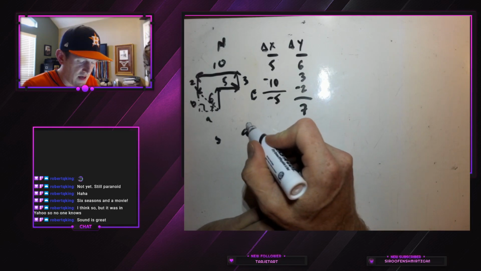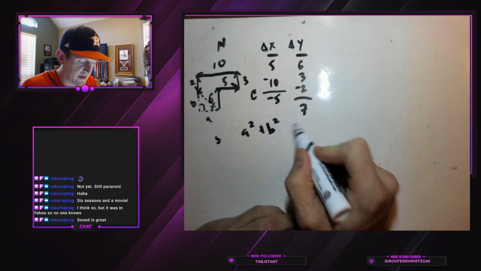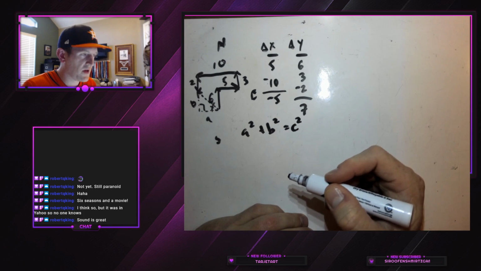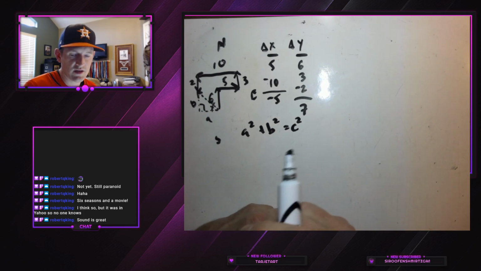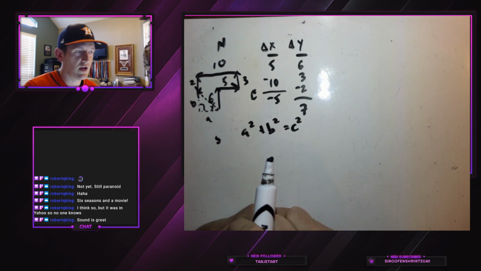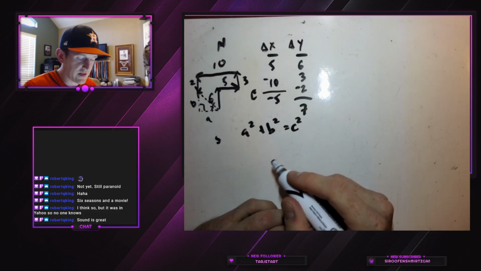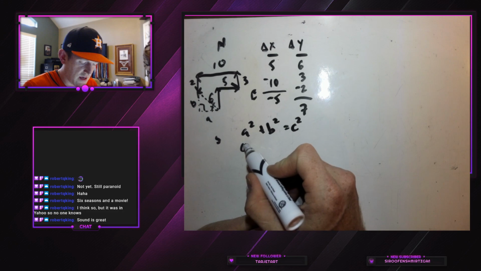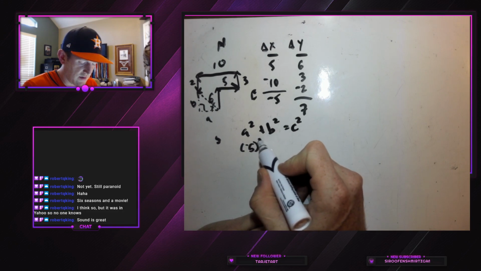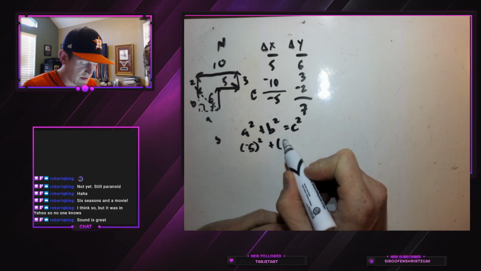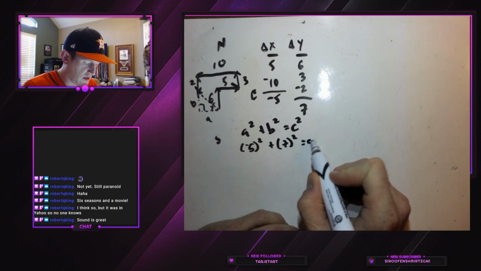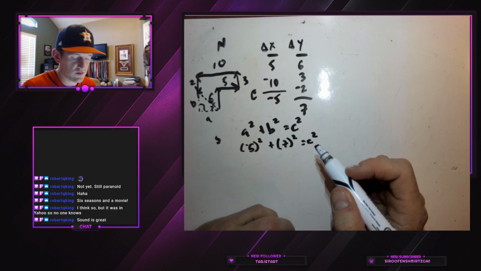But now that we've figured out the length of each side of our triangle, we can use Pythagorean theorem, a squared plus b squared equals c squared, to solve for the length of our resultant vector. We have negative 5 squared plus 7 squared equals some number squared.